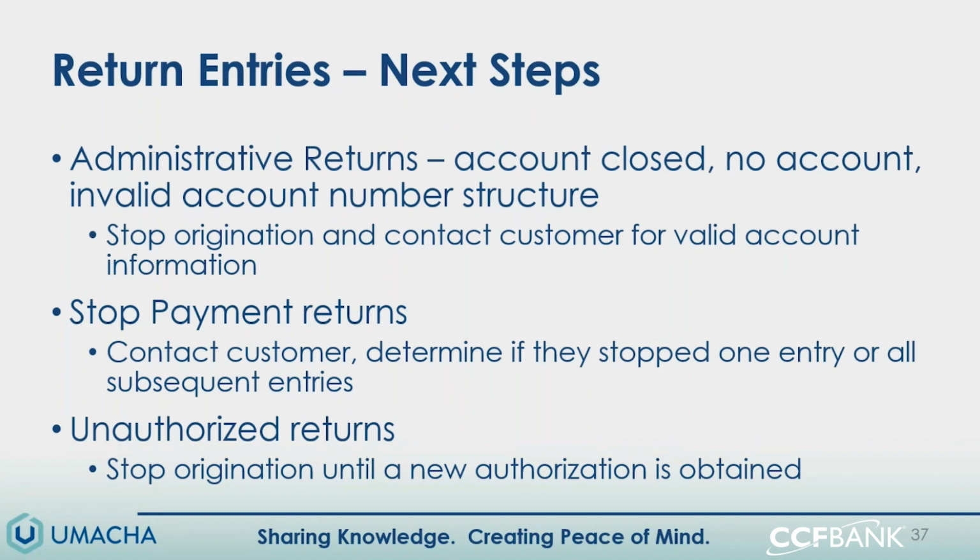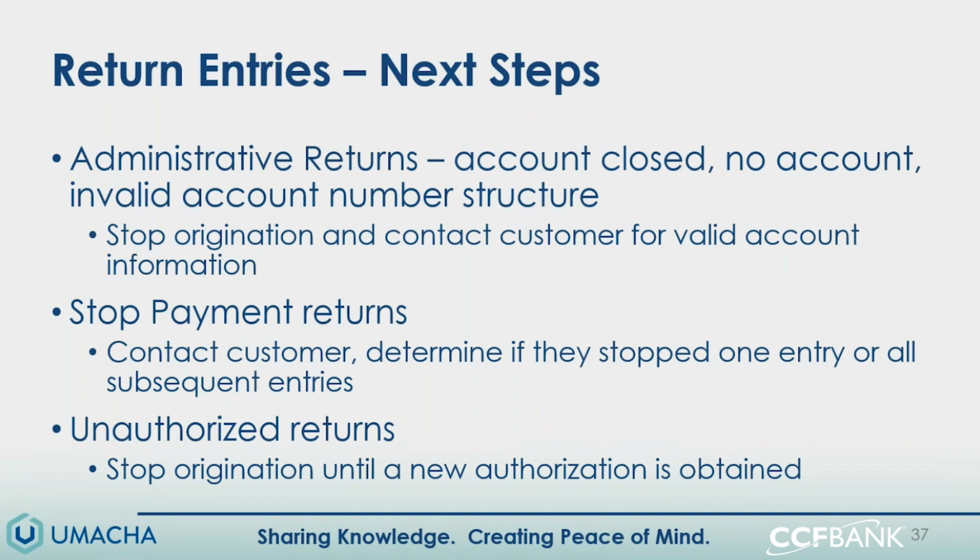Last one would be those unauthorized returns. We want to stop origination until we have a new authorization. So remember, those unauthorized returns, those could be coming from our consumers, could be coming up to 60 days after the settlement date of that entry. So we would want to do a little bit of research. We don't want to send any more entries until we have a new authorization that is a valid authorization saying that they are going to allow us to send further entries.